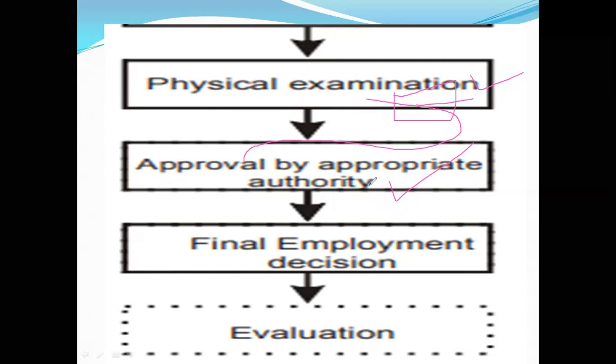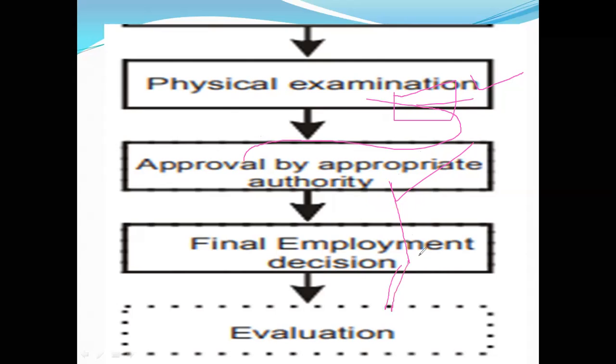Then, after the signature is over and after the confirmation from the appropriate authority has come, you will give a final appointment letter to the individual who was selected in this selection process.